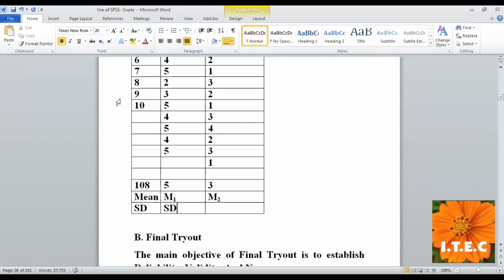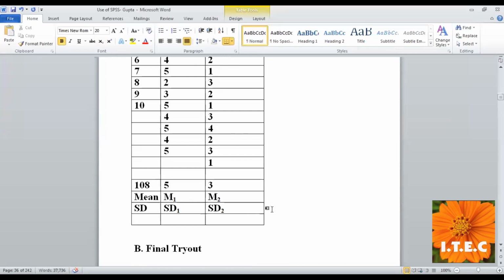So here will be standard deviation 1 and here will be standard deviation 2. And now you know the number. So there are 108 people here and 108 people here.